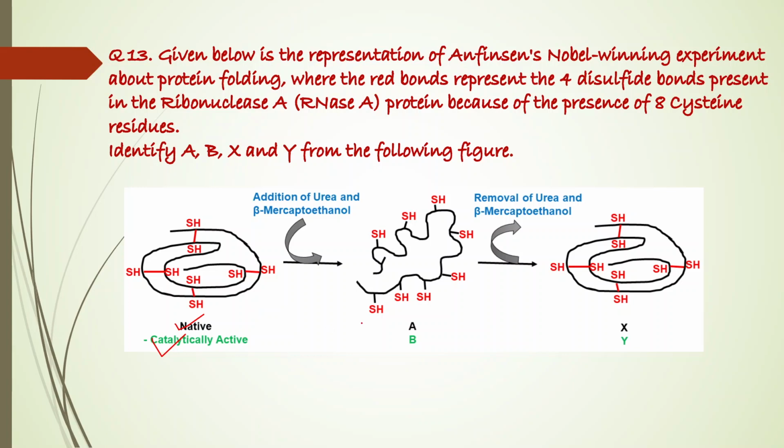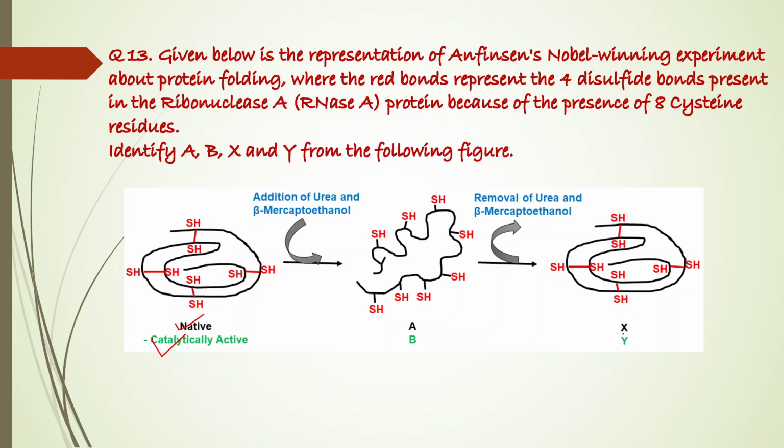Now you have to identify in case of A whether it is native or not, and in case of B whether this structure will be catalytically active or not. Let's look at the next step. In the next step, they removed urea and beta mercaptoethanol. Both of them are removed.